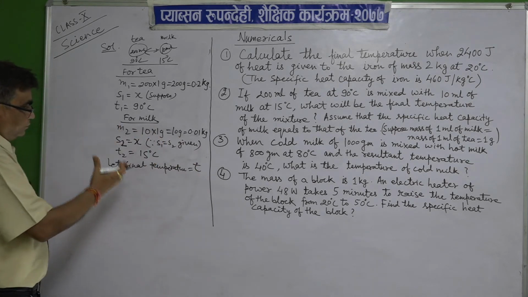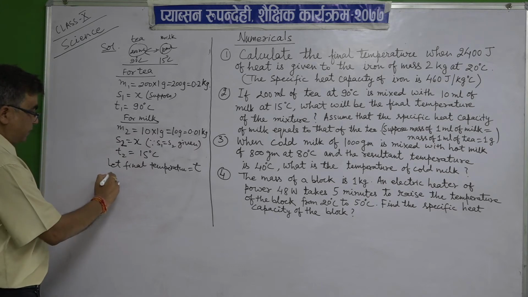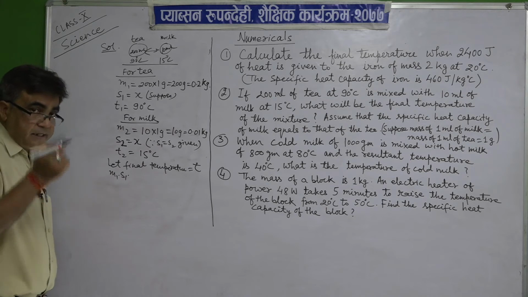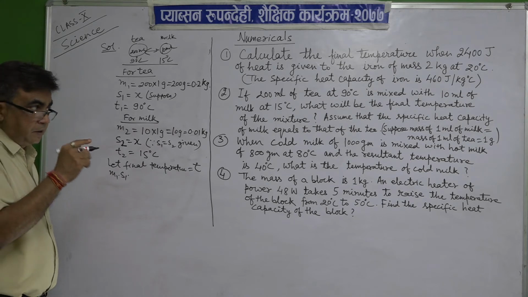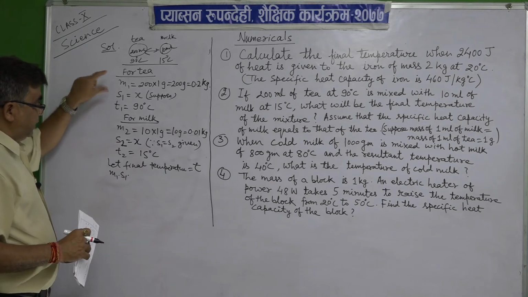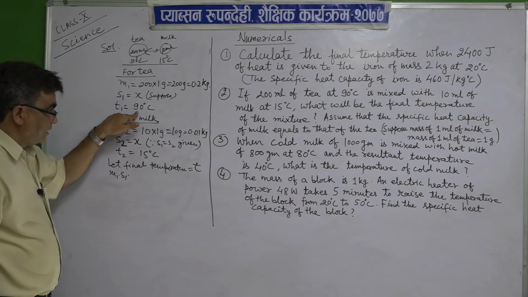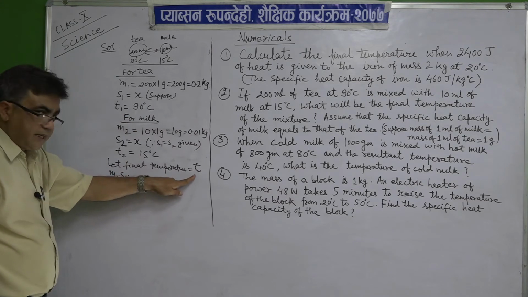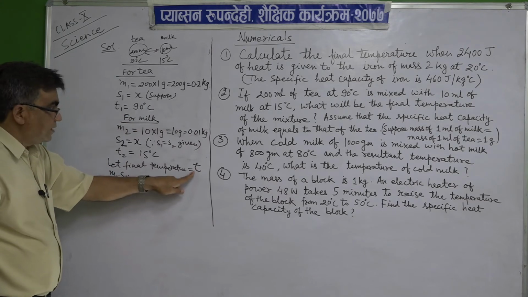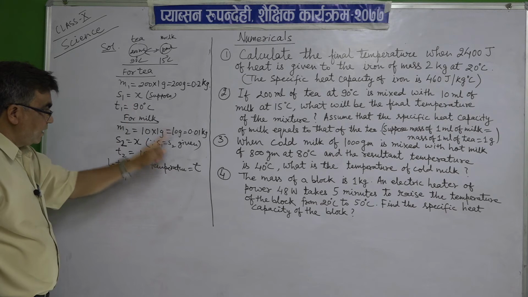So, from the principle of calorimetry we can write M1 into S1 into dT1. What is dT1? For tea, the initial temperature was 90 degree centigrade. Now, the final temperature has become T, and this T is less than 90. So, 90 minus T you have to write.